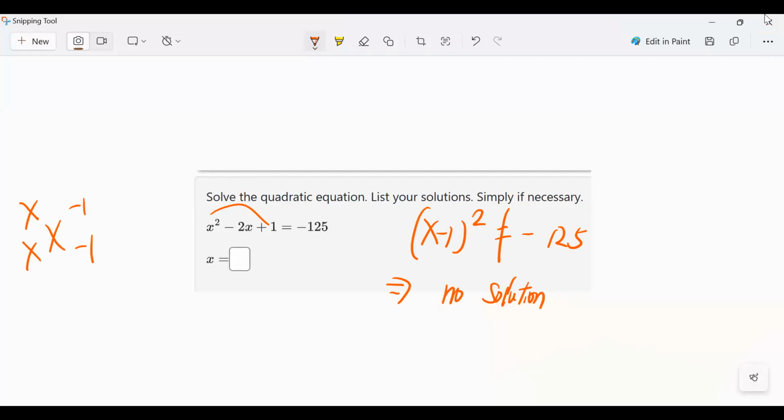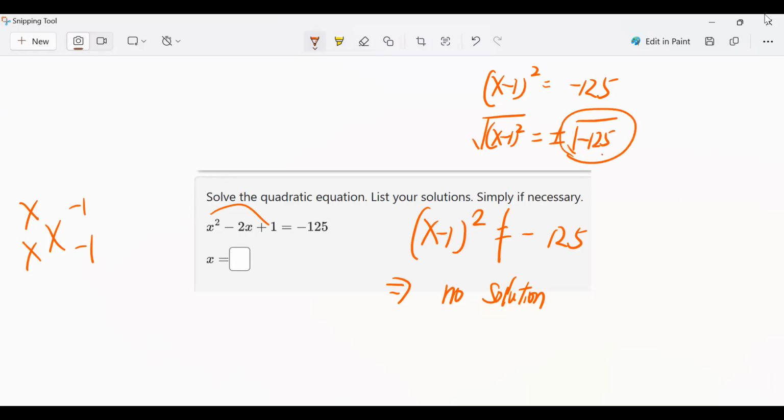You can also try to solve it like x minus 1 squared equal to minus 125. You can take the square root, x minus 1, equals plus or minus the square root of minus 125. But this is not allowed, right? A negative number under a square root is not allowed.